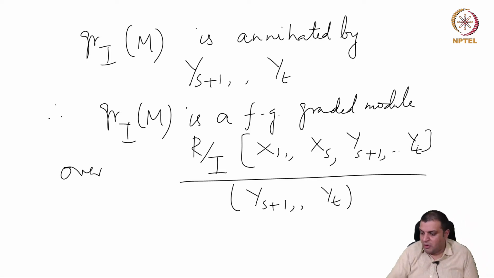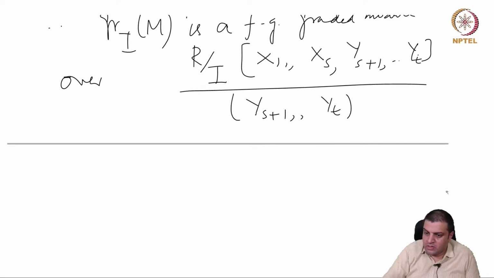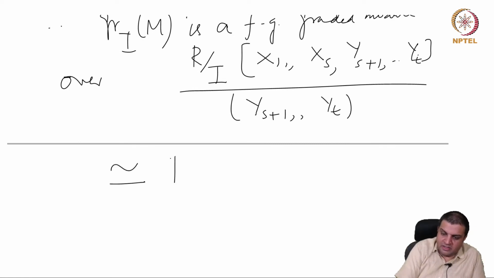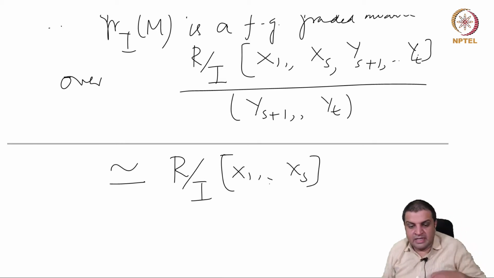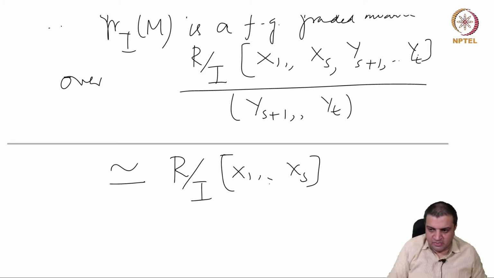But this is also a polynomial ring in X1 through Xs. So the associated graded module is a finitely generated module over this ring. That's the observation.